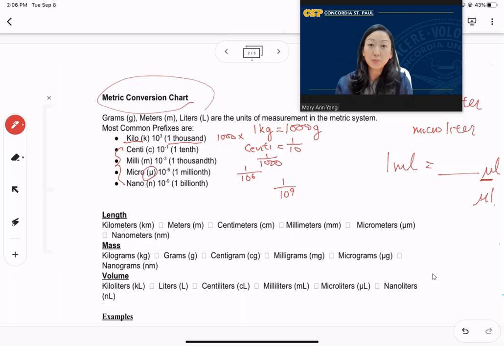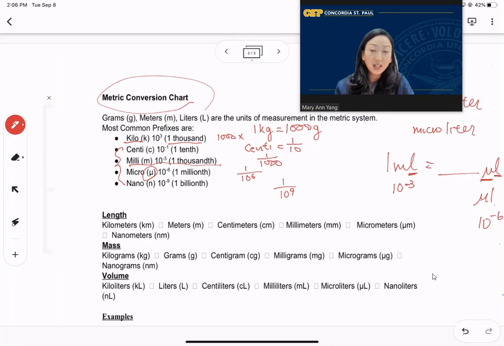So say on the protocol, we said, please measure out 1 mil. What are you going to do? Well, the micropipettes use microliter, so you're going to do unit conversion. They both are a certain amount of liter. Milliliter is a thousandth of a liter, while micro is a millionth.